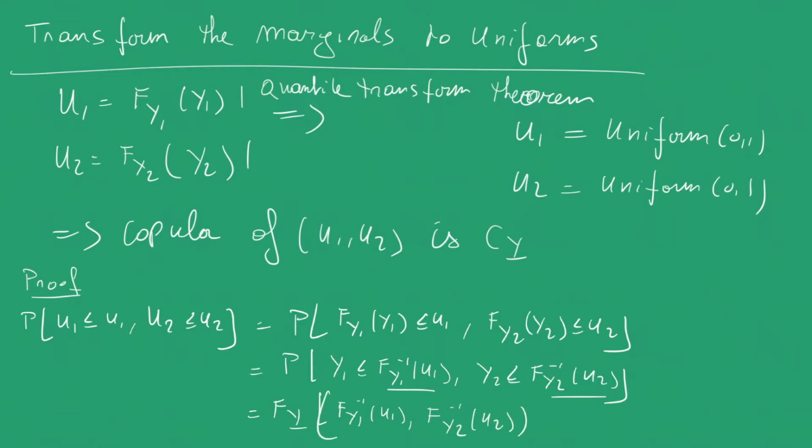And then you go back to the previous slide to see that this is actually the copula of y applied in u1, u2. And then we see that the joint CDF of u1, u2 is just the copula function of the random vector y, which means that the copula of u1, u2 is just the copula Cy. So we didn't change anything about the dependence, we only transformed the marginals.